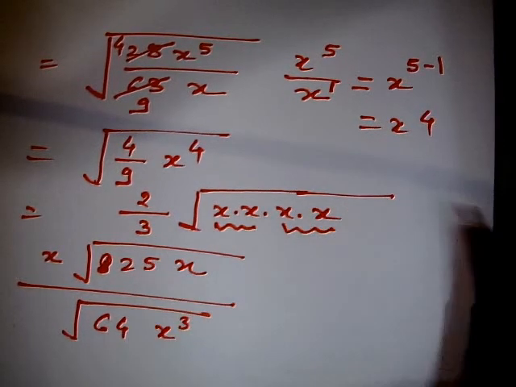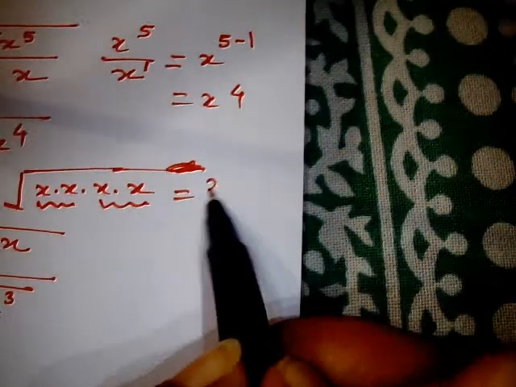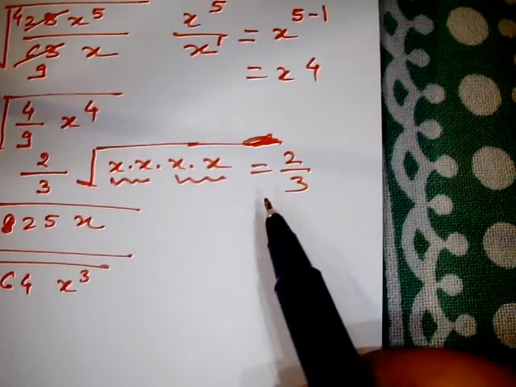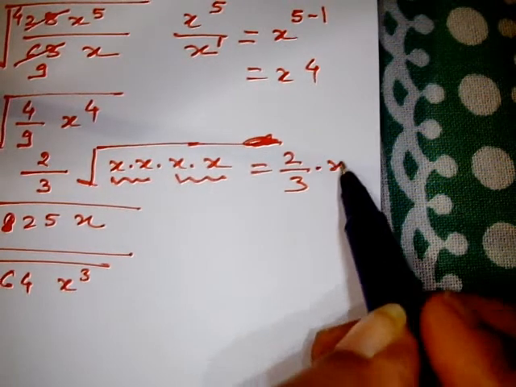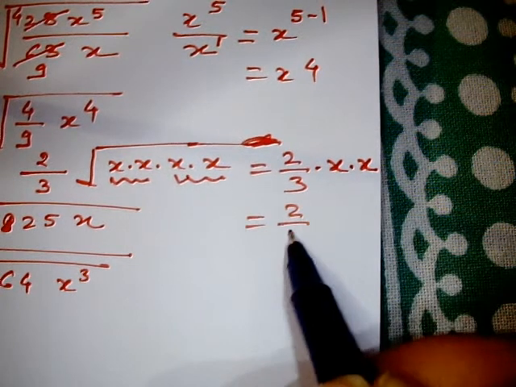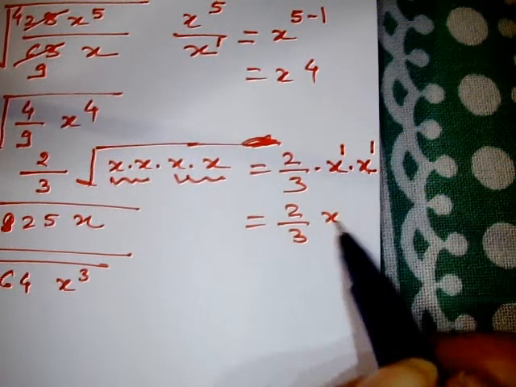So 2 over 3 is already outside, and 1x from this pair and 1x from that pair. x times x means the powers get added, so x squared. This is the answer.